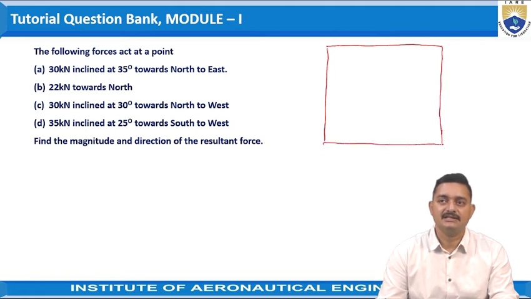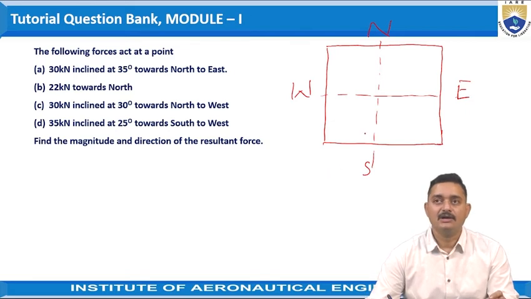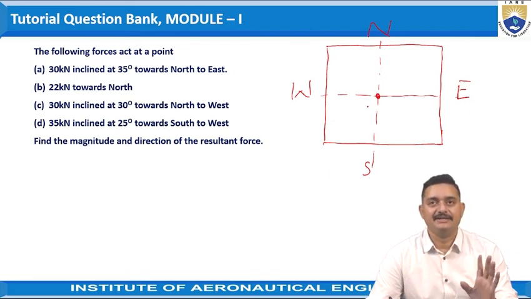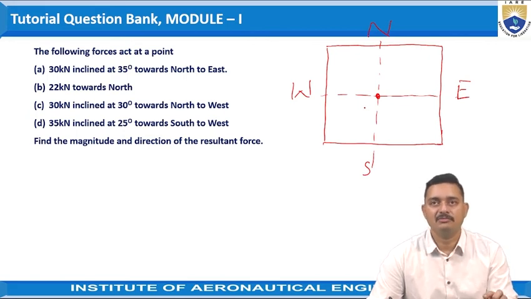Let us take this as the box and this as the axis of the box. Let us consider this as the east direction. This would be our west direction. This would be our north direction and this would be our south direction. Now, this is the origin or the point at which the forces are acting. Let us start the problem now.